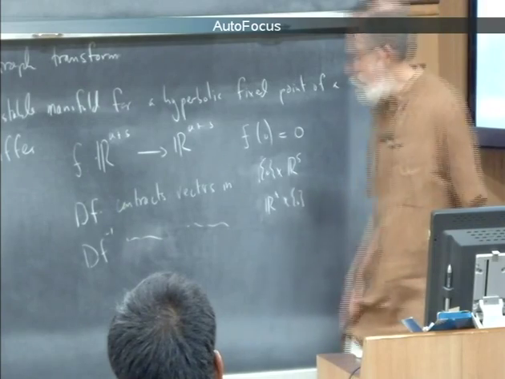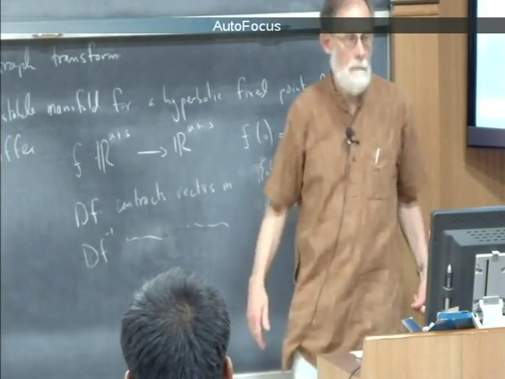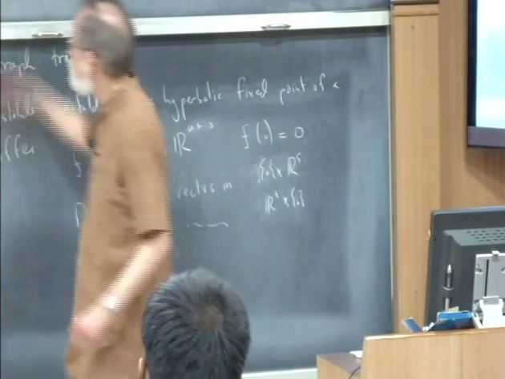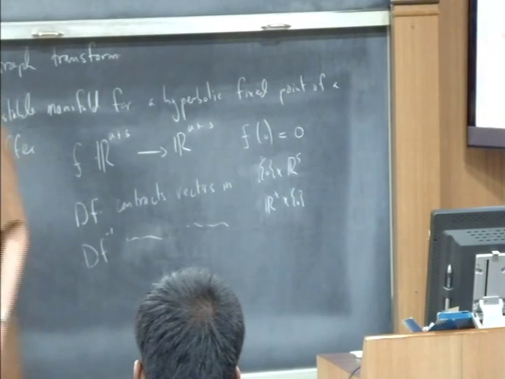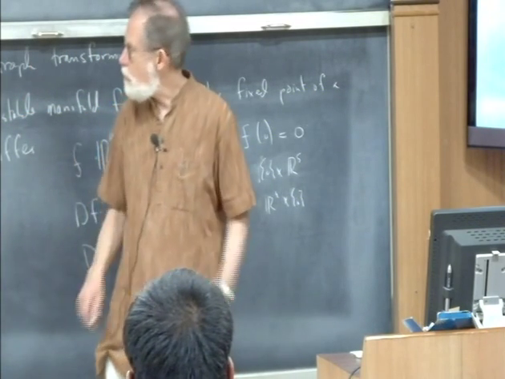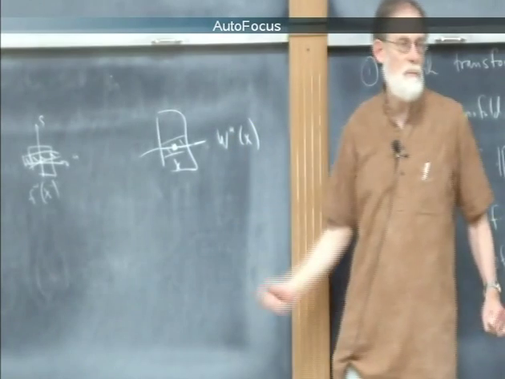So with enough iterations of the method, you can find the derivatives of the invariant manifold. And so the unstable manifold is going to be as smooth as the diffeomorphism that you start with.